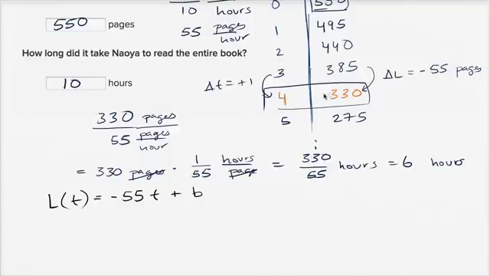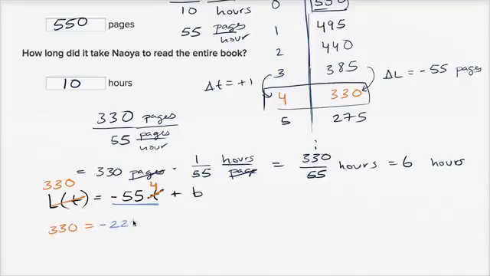and then you could use this information right over here to solve for b. We know that when time is equal to 4 hours, the pages left to read are 330. And so you get 330 is equal to, let's see, negative 55 times 4 is negative 220.